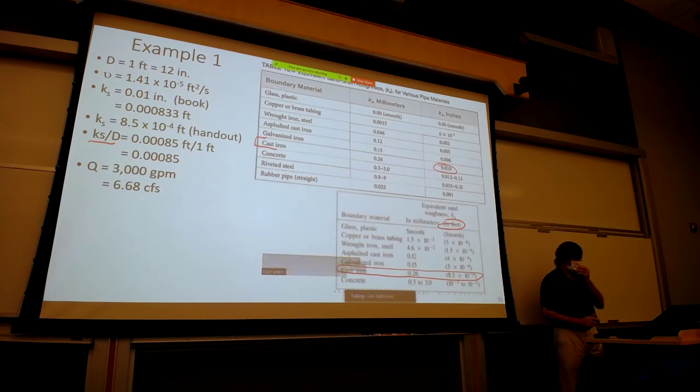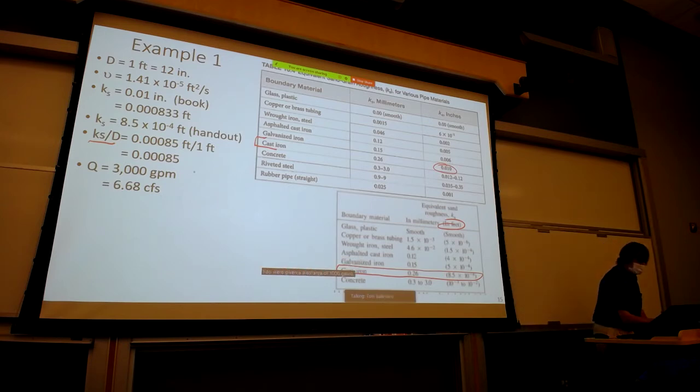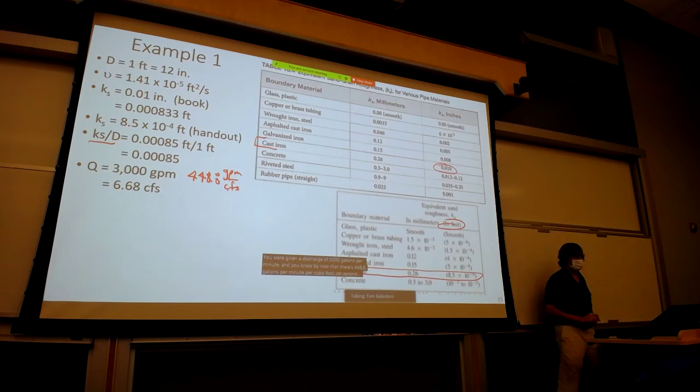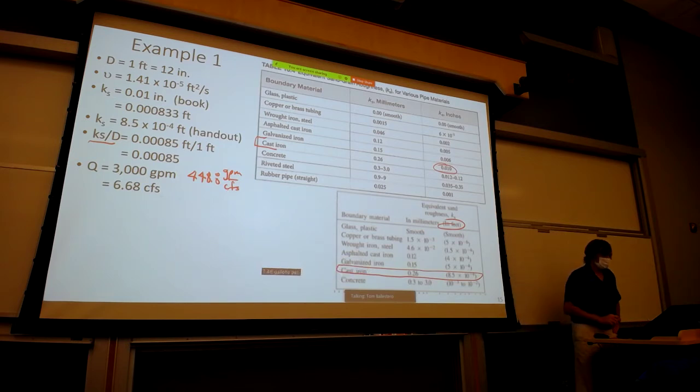You were given a discharge of 3,000 gallons per minute, and you know by now that there's 448.8 gallons per minute per cubic foot per second. That's 7.48 gallons per cubic foot and 60 seconds a minute. So if you divide 3,000 by 448.8, you get 6.68 cubic feet per second.